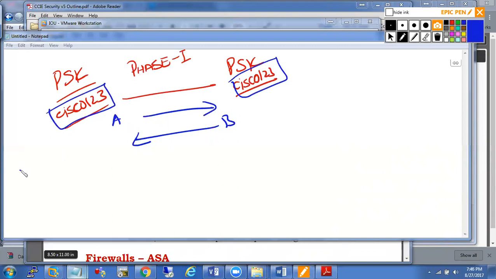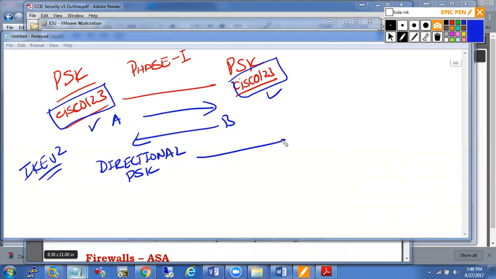In IKEv2, it does maintain this capability. So if you want to do it like that, it's there. But in IKEv2, you also have the ability to do directional pre-shared keys. What do I mean by that? I can use PSK1 from A to B, but I can use PSK2, a separate key, from B to A in phase one.